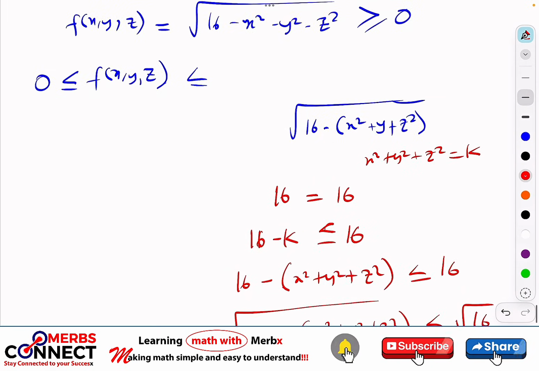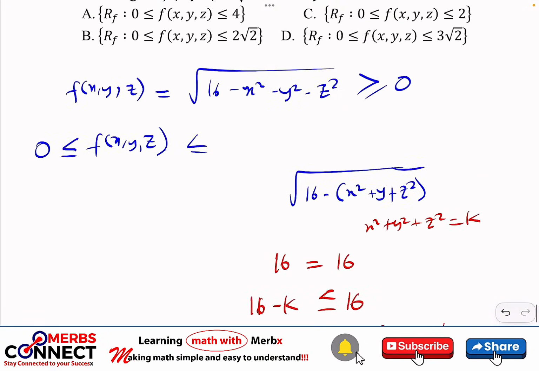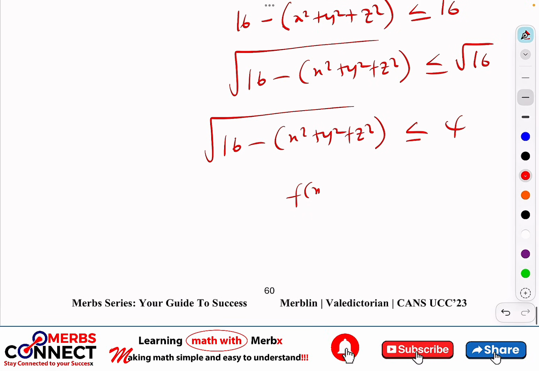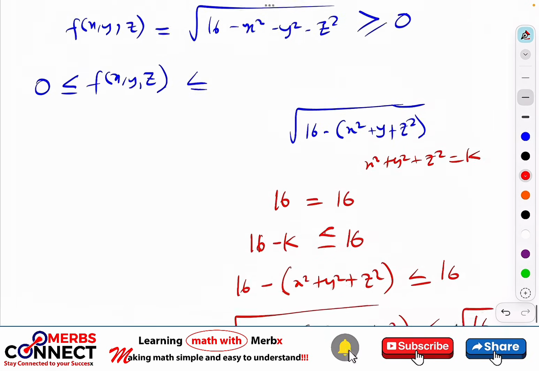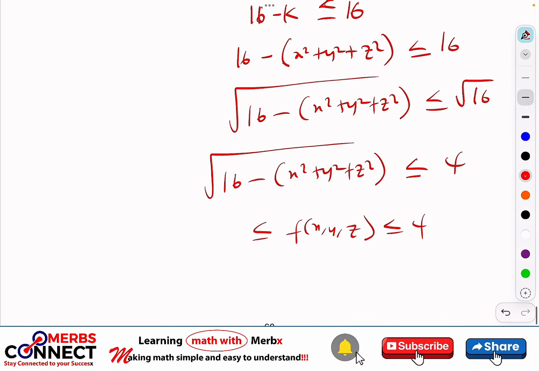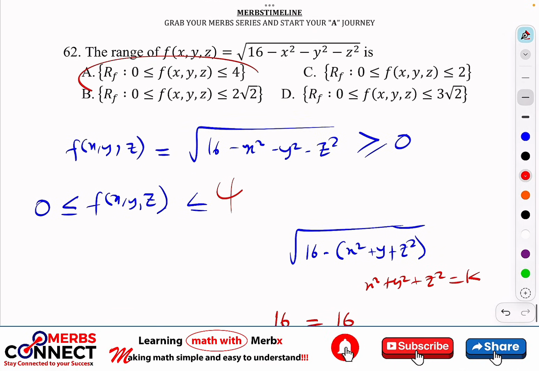And remember, we said that what we have here is the same as f of x, y, z. So f of x, y, z is less than or equal to 4. And this guy here is less than 0. So this is going to have 4 here, and our answer should be this.